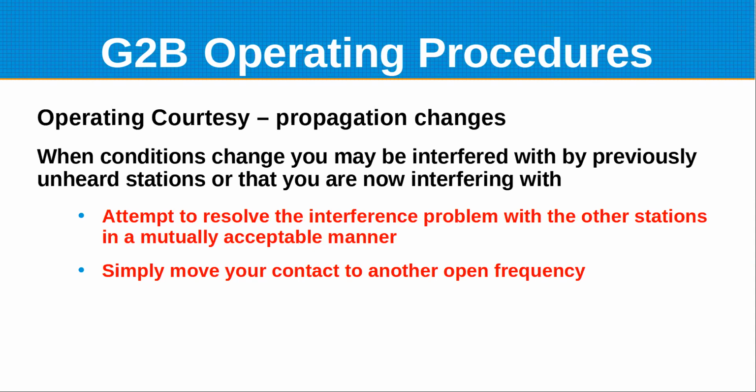So you need to try to resolve the interference problem, usually with somebody moving. So you make a gentleman's agreement, or you flip a coin or something to decide who moves, or you make a new friend.